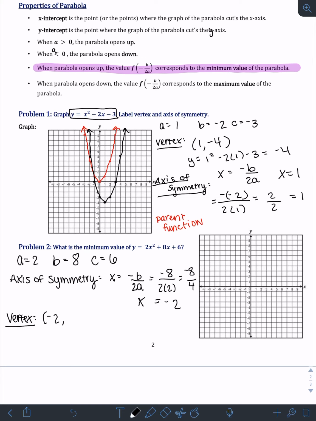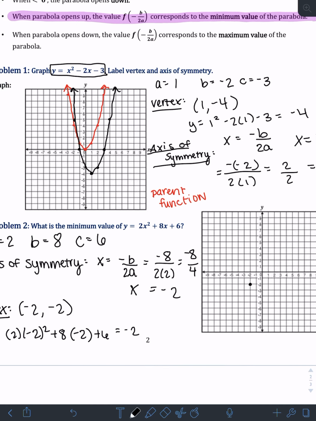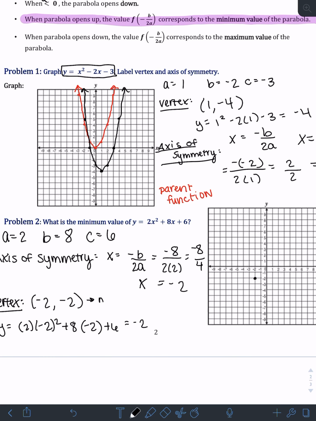Negative 2 is my x, and let's plug that back in to find y. 2 times negative 2 squared plus 8 times negative 2 plus 6 gives me negative 2. So my vertex is negative 2, negative 2. Let's just go ahead and graph it since I have the graph here for us. But that would be my minimum to answer the question.